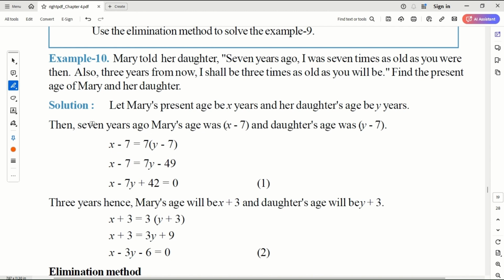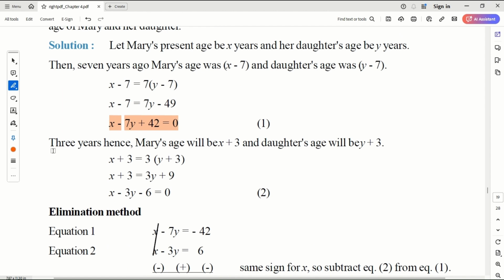7 years ago, Mary was x minus 7, daughter was y minus 7, right? So x minus 7 equal to 7 times daughter's age, that is y minus 7. So the equation is x minus 7y plus 42 equal to 0. First equation. 3 years from now, Mary's age is x plus 3, daughter's age will be y plus 3.